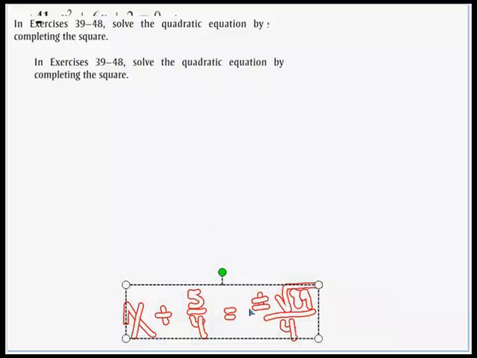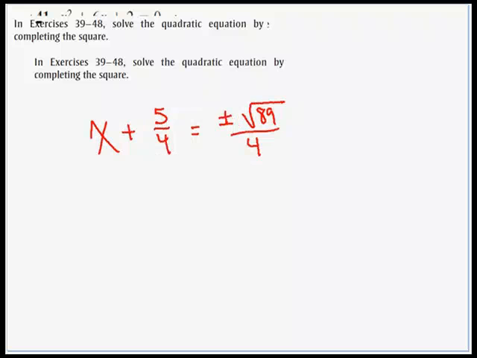We're going to subtract it from both sides. So x equals, here it is a positive 5/4, bring it over, now it is a negative 5/4, and the common denominator is 4, it's already there, so we'll just put plus or minus our root of 89 right after the 5.